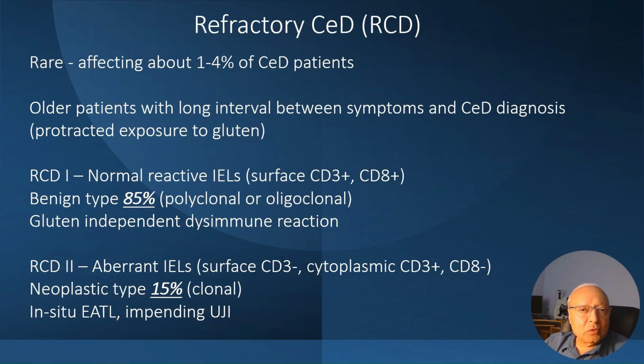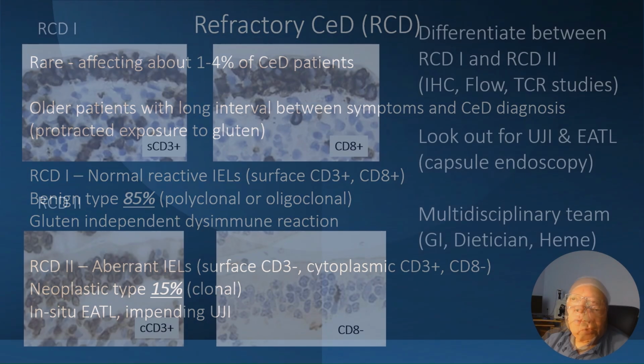Here, it's a clonal type of T cell reaction where the surface CD3 positivity is lost and there is now a cytoplasmic CD3 positivity, and the CD8 positivity is lost. But you may have to take the help of hematopathologists to make these judgments about clonality.